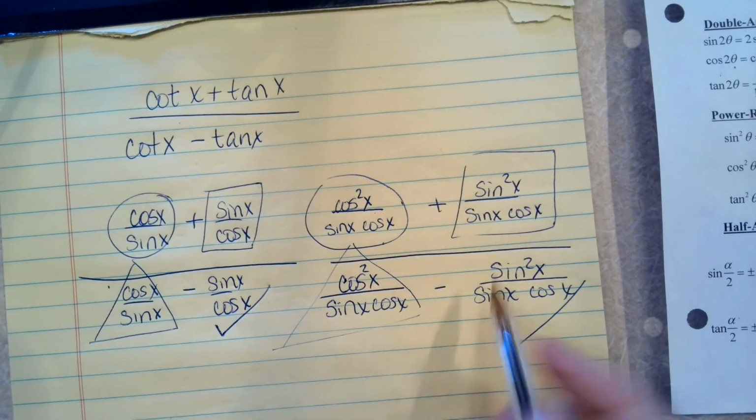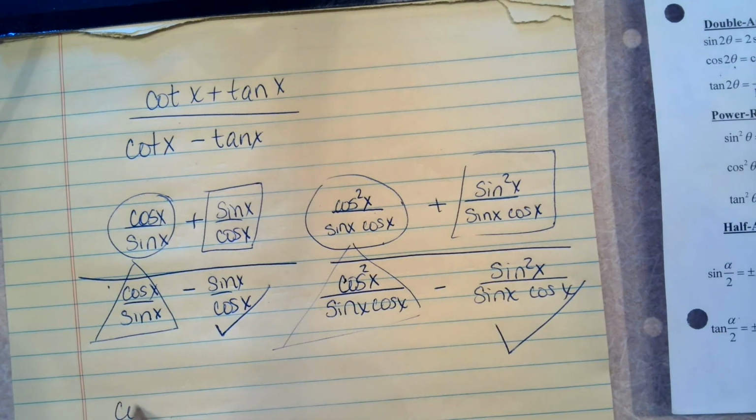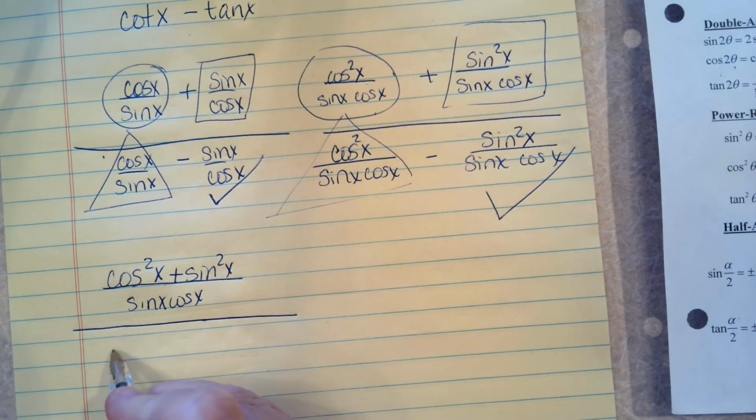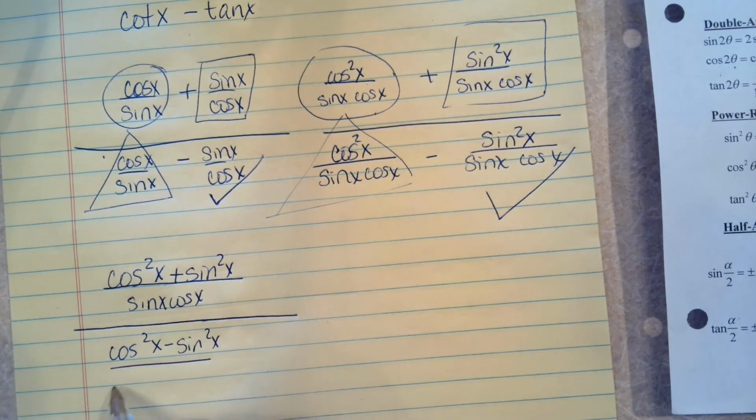Now I'm going to put it all together. I'm going to put the circle and the square together, and it's going to be cosine squared x plus sine squared x over sine x cosine x. And then I'm going to put the triangle and the check mark together. It's going to be cosine squared x minus sine squared x over sine x cosine x.